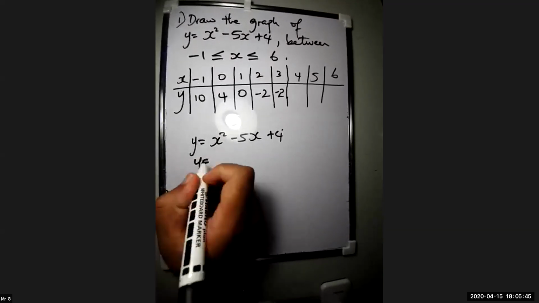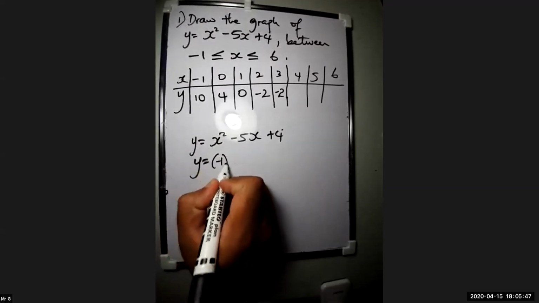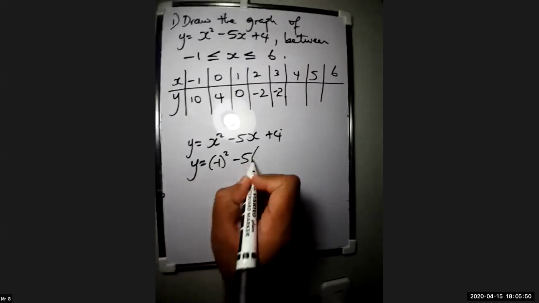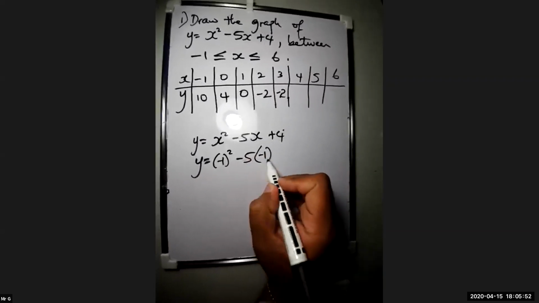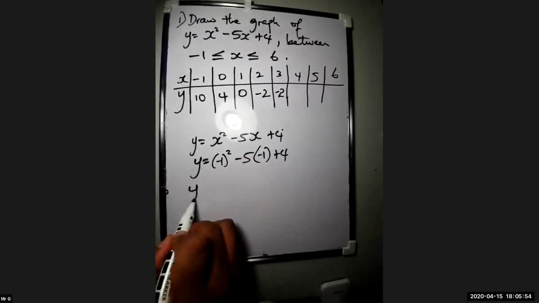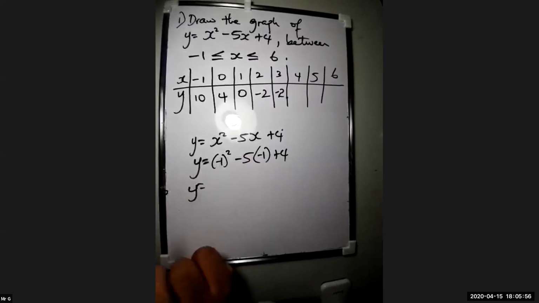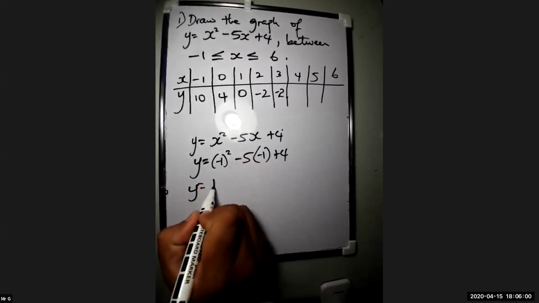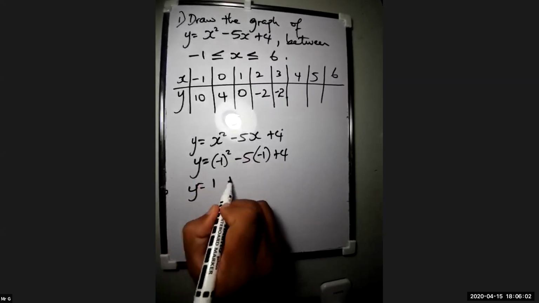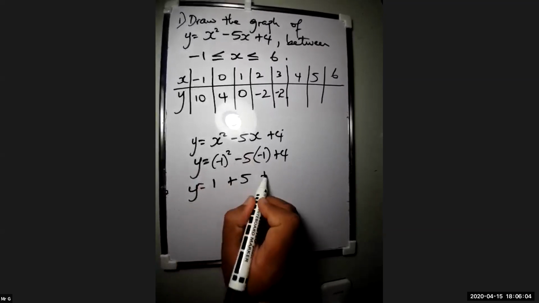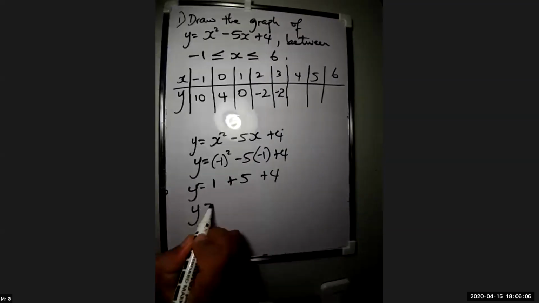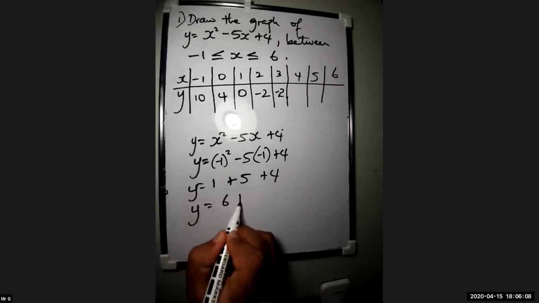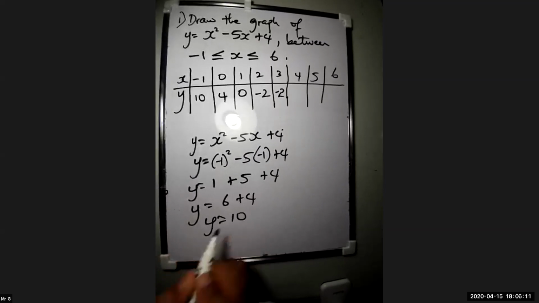So when x is -1, it's -1 squared minus 5 times -1 plus 4. Of course, you can use a calculator here, right? It will help you out much faster. -1 squared is +1, and negative and negative is a positive, so 5 by 1 is 5, plus 4. So 5 plus 1 is 6, plus 4, y is 10.